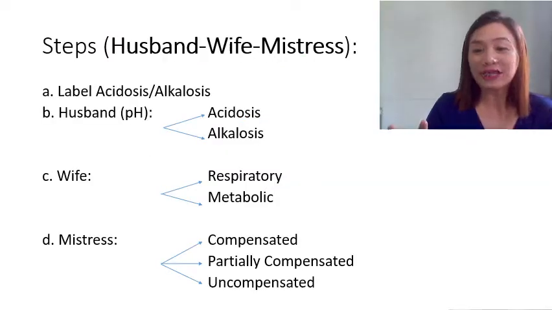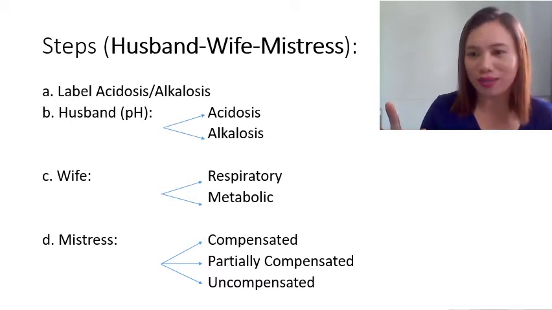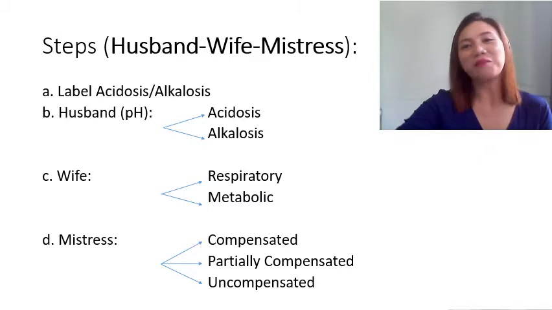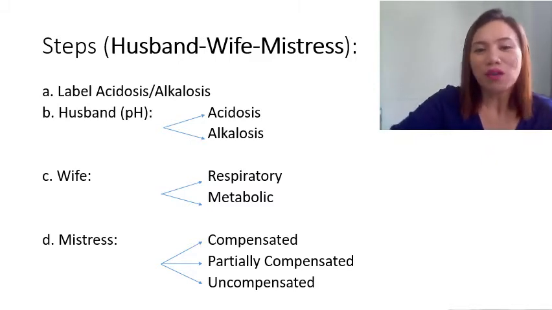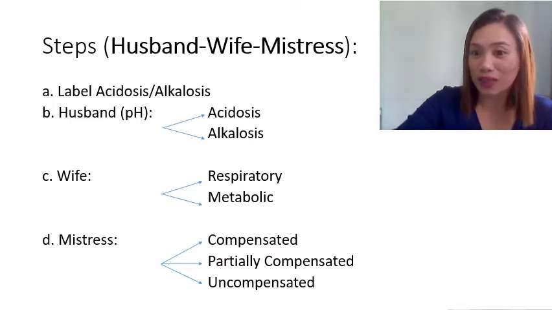All right, this is how I do my ABG analysis. I call it the husband-wife mistress steps to ABG analysis. The first step is to label acidosis or alkalosis. Next is to find the husband, identifying if the pH is acidosis or alkalosis.